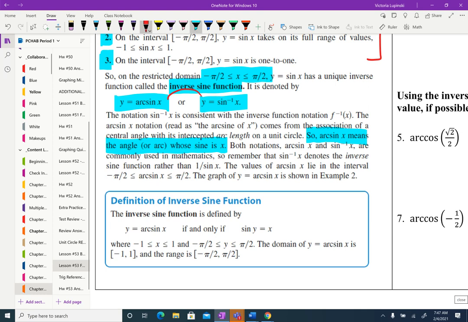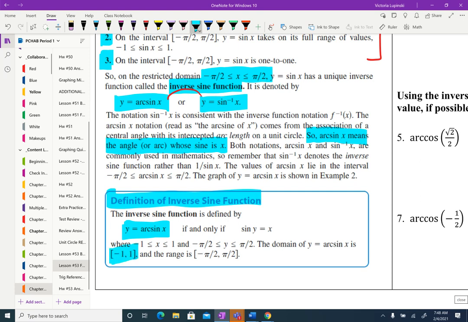The most important thing that comes as a result of everything we've done so far, if we're going to define the inverse sine function, again, we're going to call it most times the arcsine, is that because we are restricting the values of the domain and the range of the sine function, those values are going to swap when it comes to the inverse sine function.